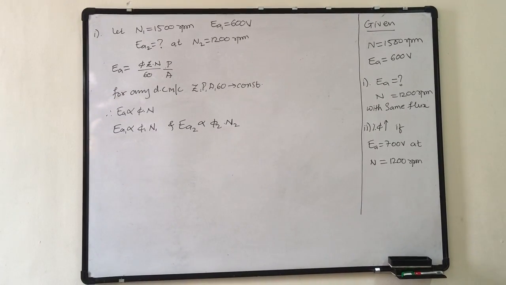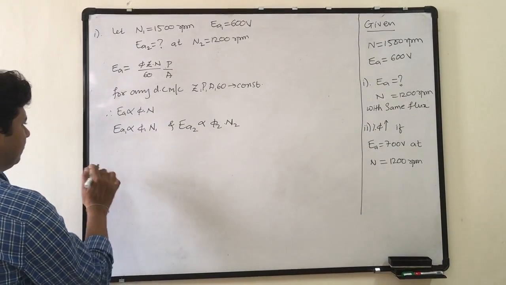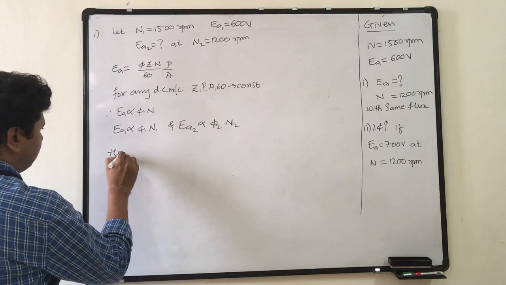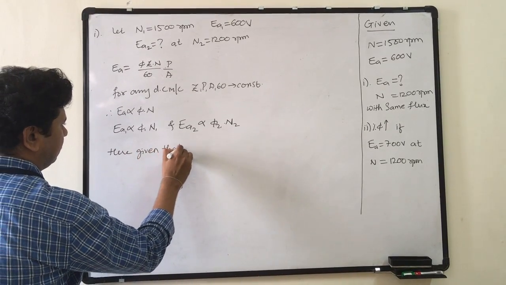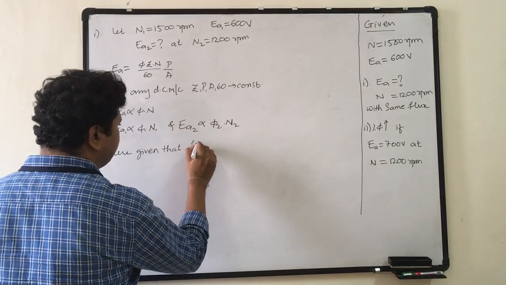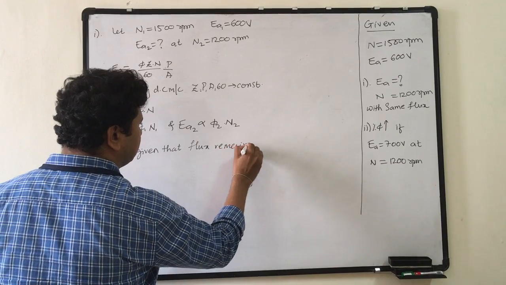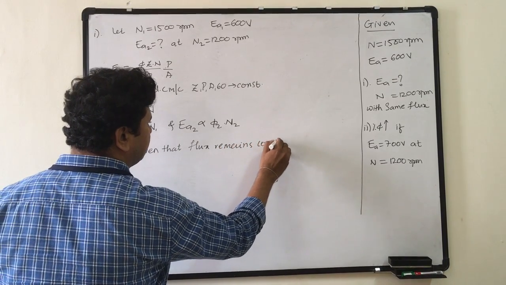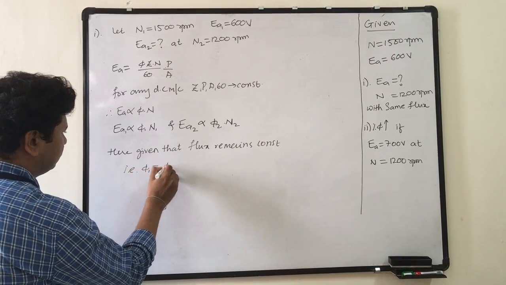Given that flux remains constant, phi 1 is equal to phi 2.